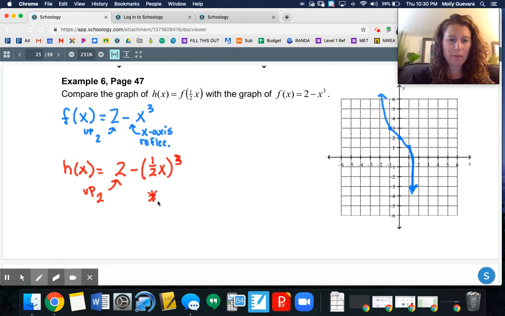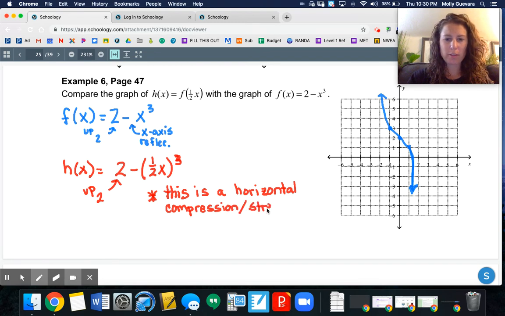When you have that interior number, it's a horizontal stretch or compression. So this is a horizontal compression slash stretch.